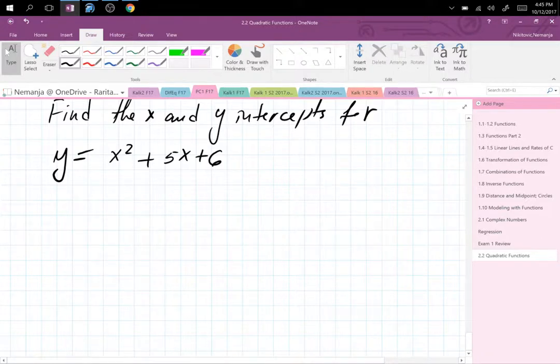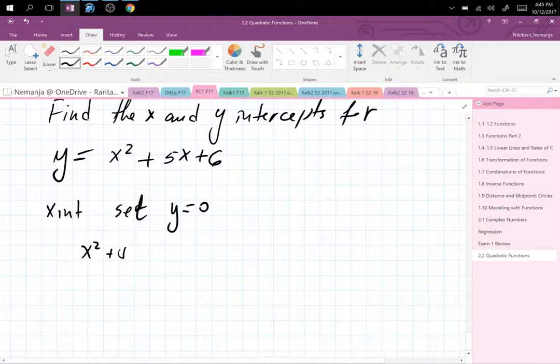To find the x-intercept, we set y equal to 0. That means that we have x squared plus 5x plus 6 equal to 0. How do we solve this? With the what? Factor. Good.